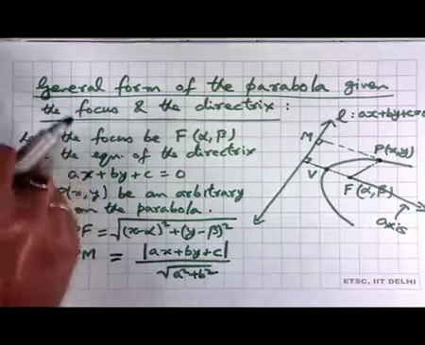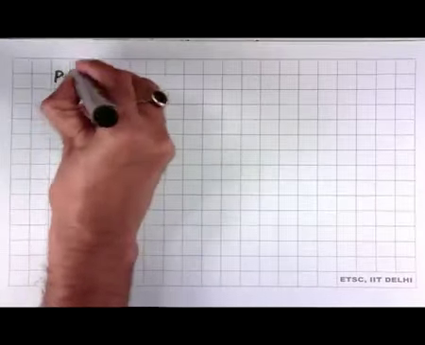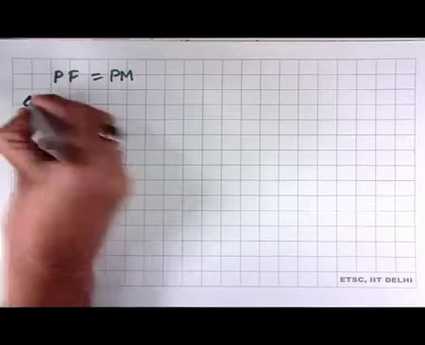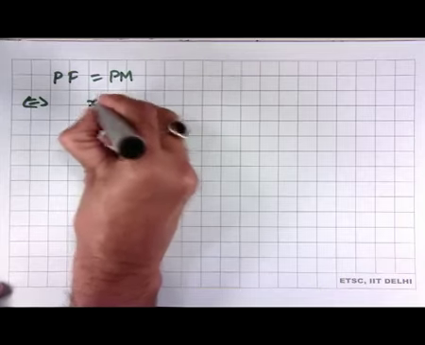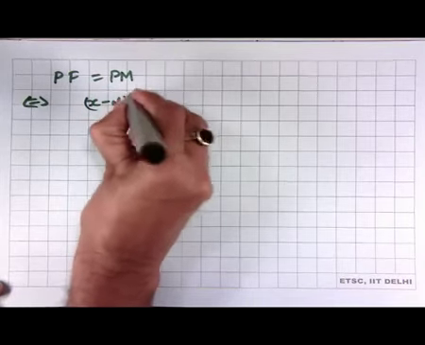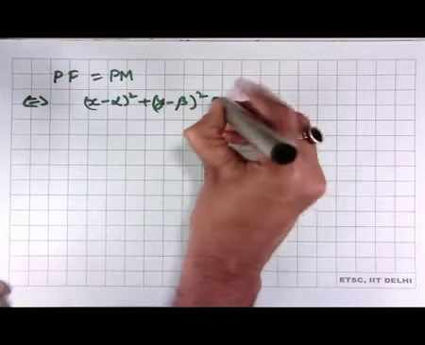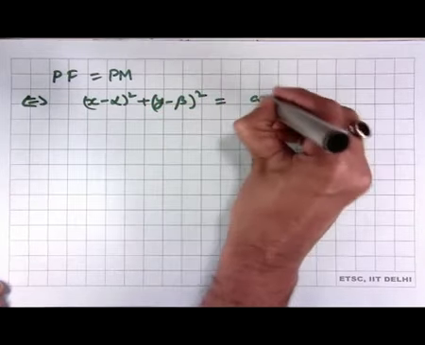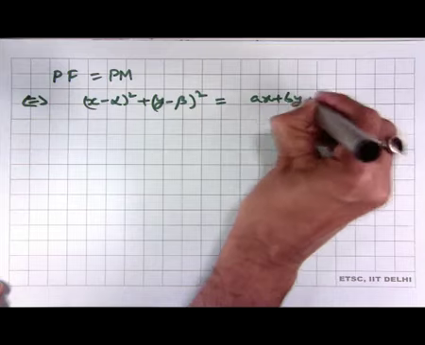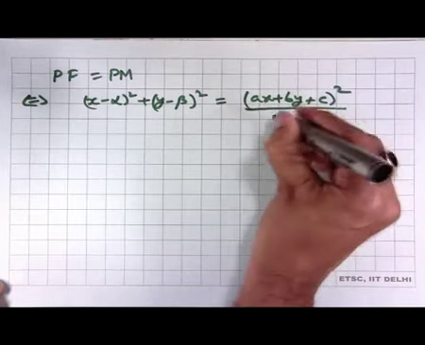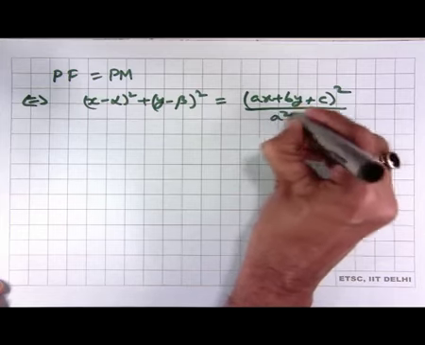So, we have PF equal to PM. This is equivalent to writing, if we square both sides, (x minus alpha) square plus (y minus beta) square is equal to (a x plus b y plus c) square by (a square plus b square).